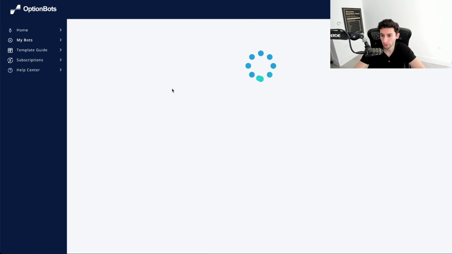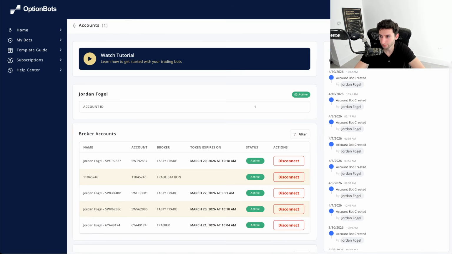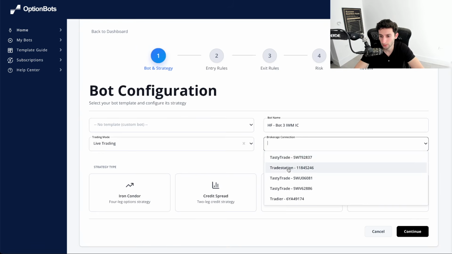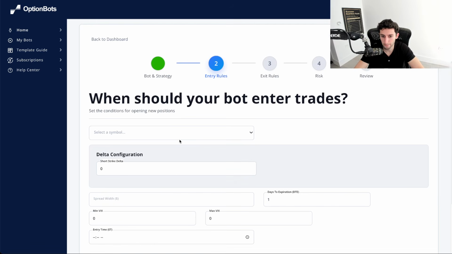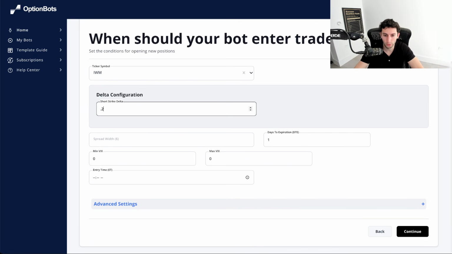And then all we need to do is build the IWM one. So this will be, go back, HF bot 3, IWM, Iron Condor. Same thing, just like that. We're going to go IWM. 0.2 delta, 1 point width, 0 DTE, minimum VIX of 1.25.